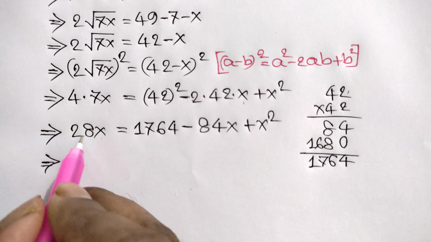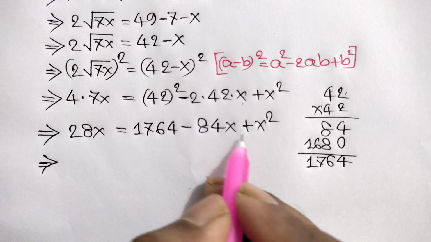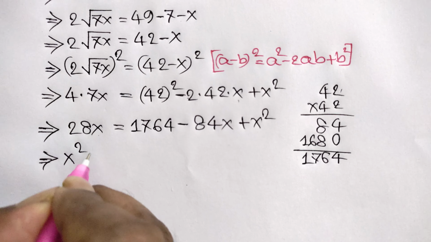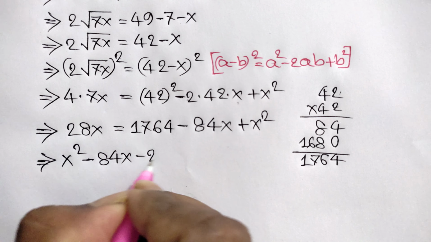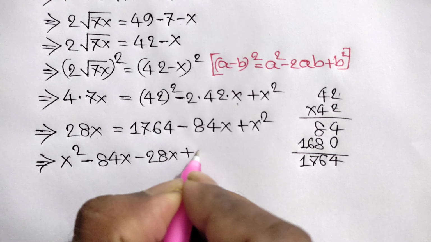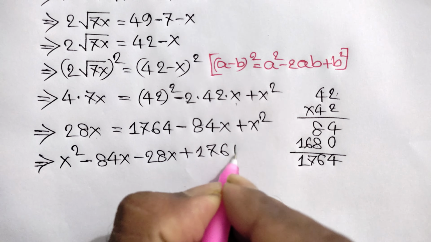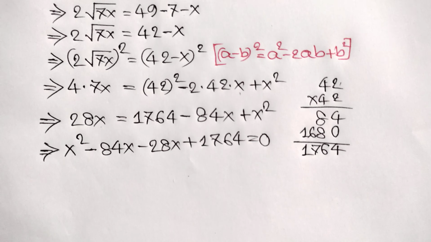Now taking this 28x to the right side and changing sign, we can write x square minus 84x minus 28x plus 1764 is equal to 0.